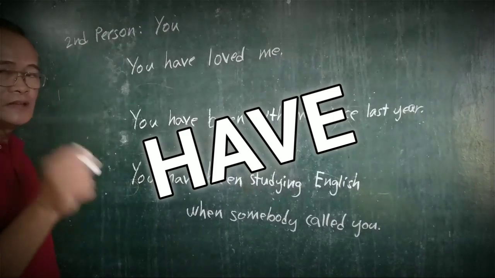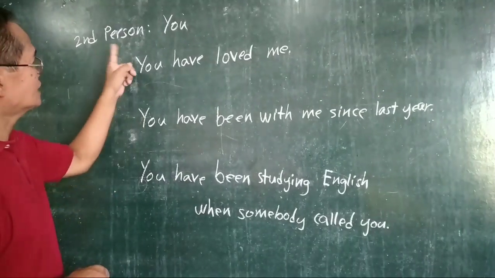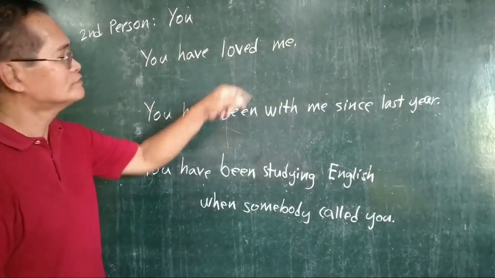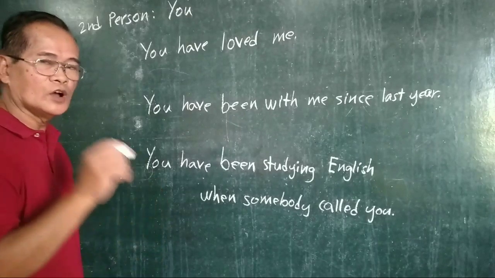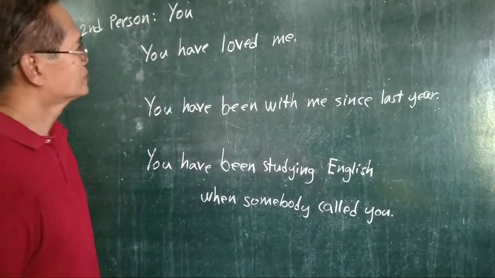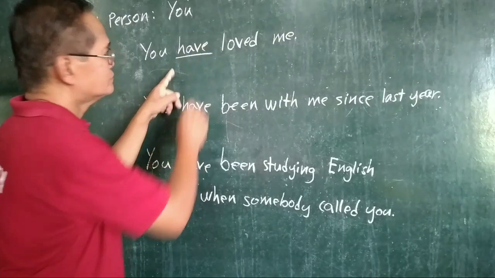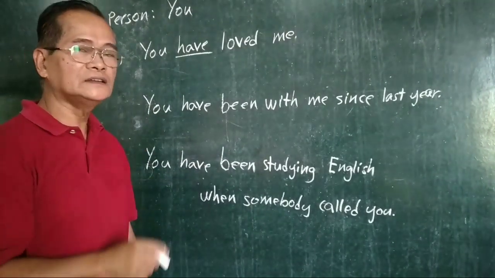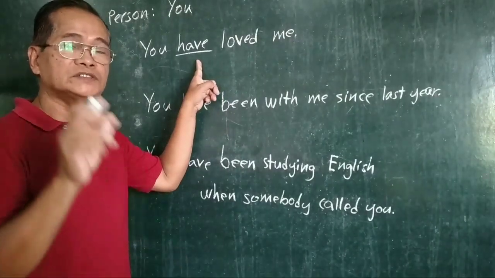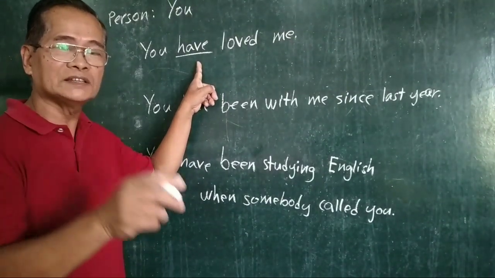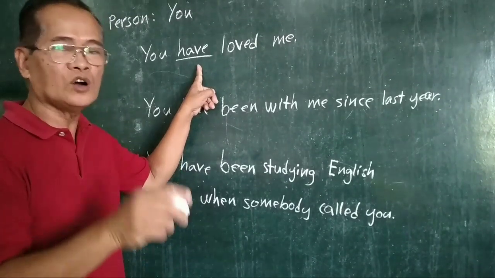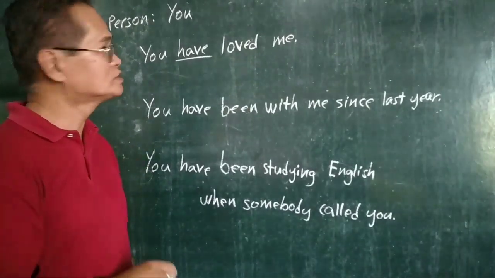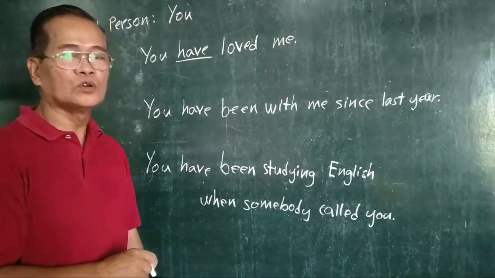Alright. In our next example, for the second person, you. You have loved me. Now, if we are going to analyze the sentence here, have is used as a transitive verb. Why? Again, it is a transitive verb because there is an object. At paano naman natin malalaman na may object? How would we know if there is an object? Of course, we need to ask the question, what or who?